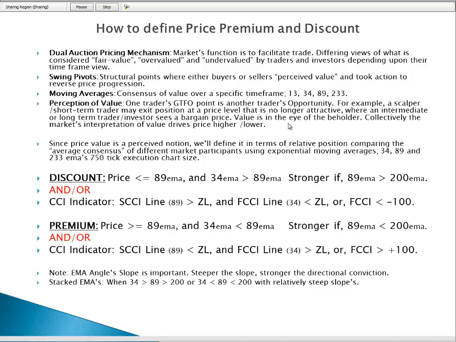So what we want to do is look at swing pivots. These are structural swing pivot points that define highs and lows throughout the course of the day. And we want to look for various progressions, higher highs, higher lows, and so forth. Again, this is all basic structure.